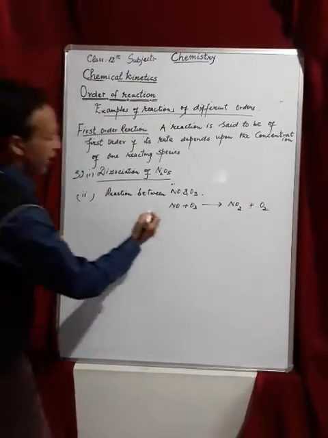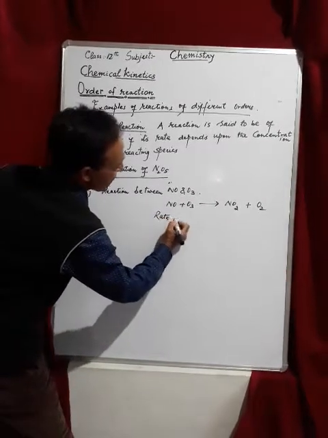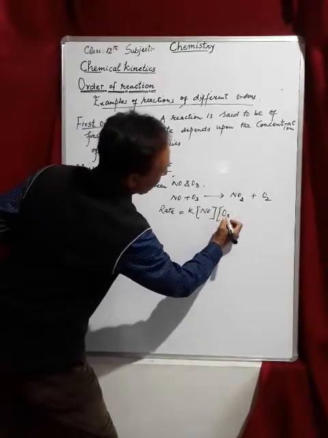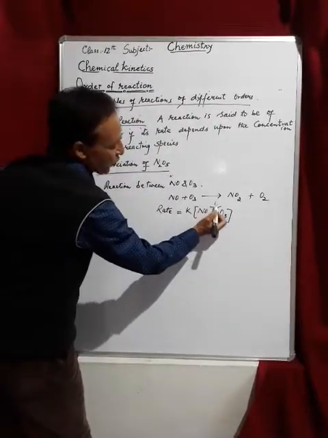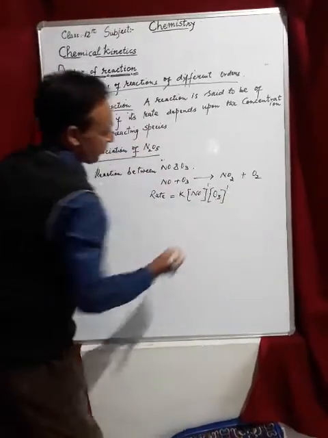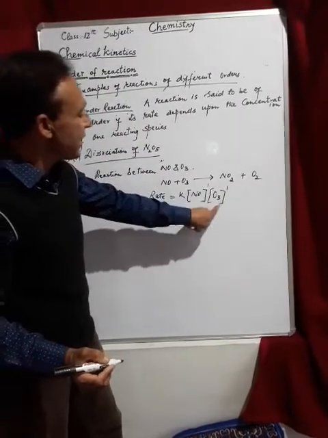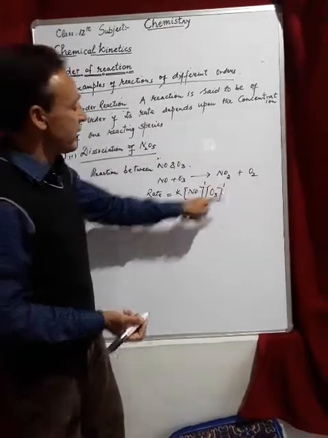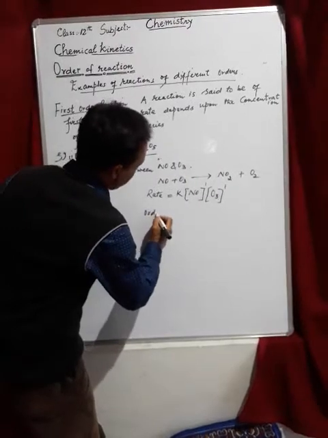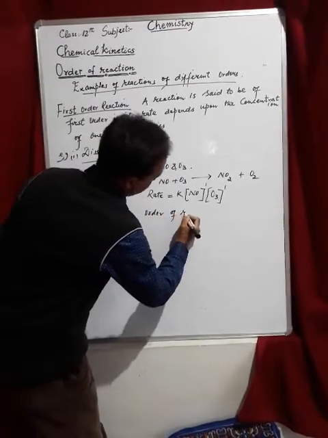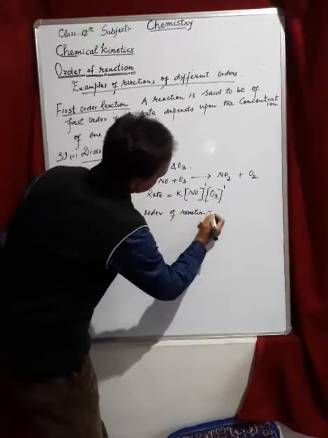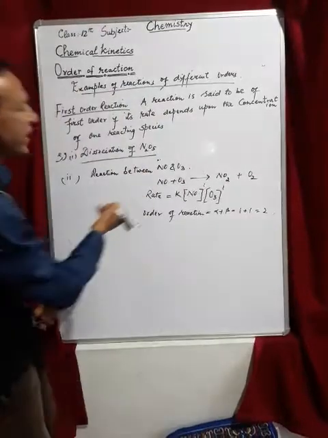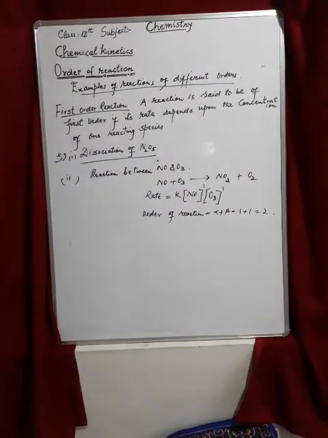Again, according to the rate law expression, rate is equal to K [NO][O3]. Here the power of NO is 1, the power of O3 is 1. The value of alpha is 1, the value of beta is 1, so the order of the reaction is alpha plus beta, that is 1 plus 1 is equal to 2. So this is an example of a second order reaction.